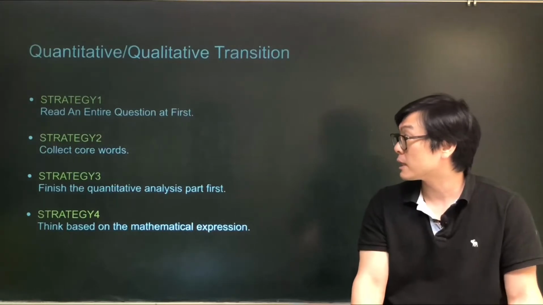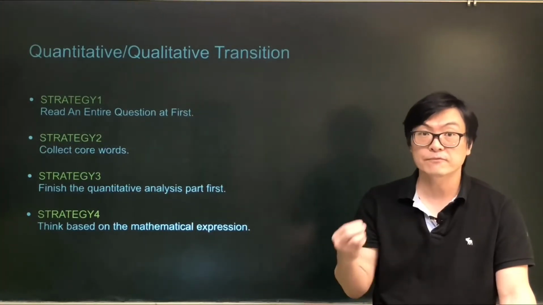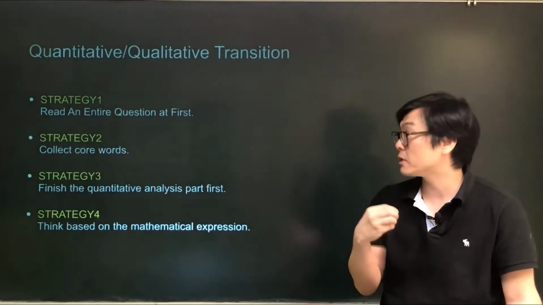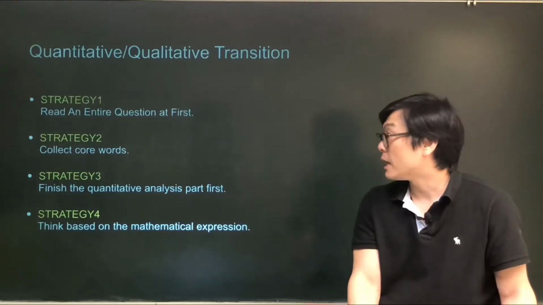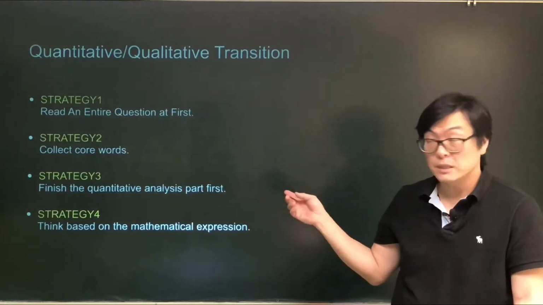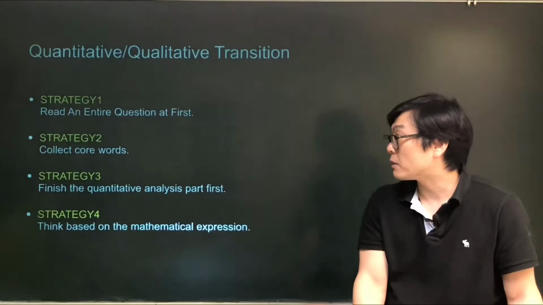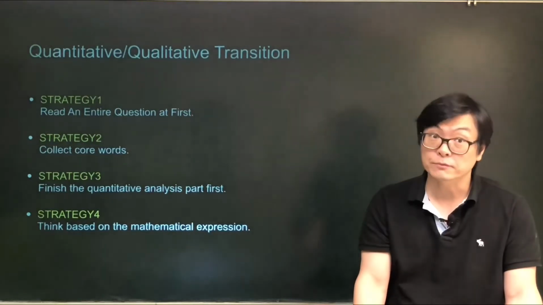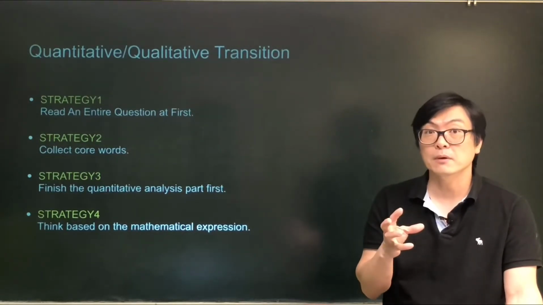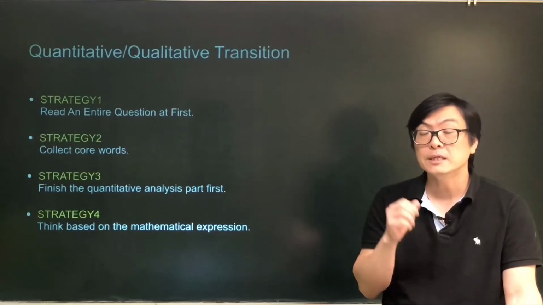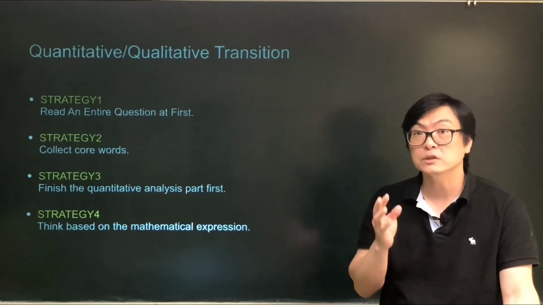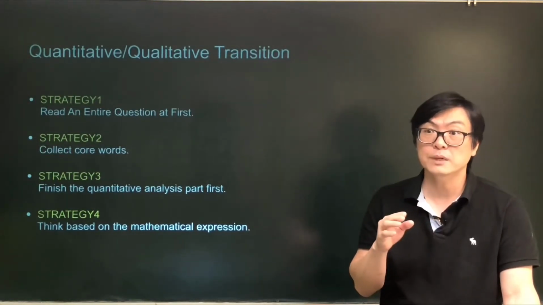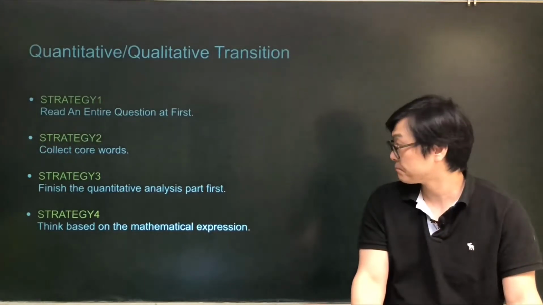And during that time, you need to collect all the important information and the core words from there. And strategy 3 is important. You better finish the quantitative analysis part first, because once you have a mathematical expression for that, it's easy to understand the qualitative analysis part and easy to make a statement for that.